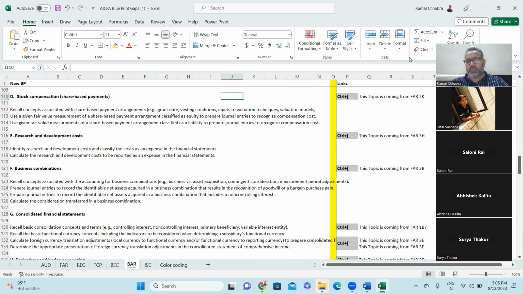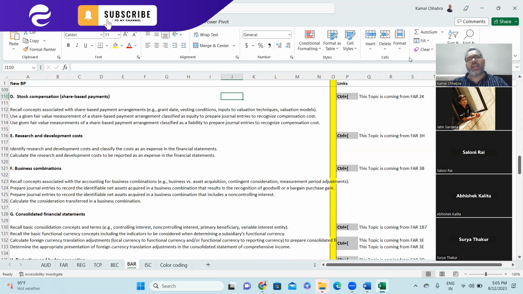Employee stock option plan, you all might have heard in your college days also: if an employee is working in your organization, to compensate some part of it, you give the stock compensation plan to them so that you can retain highly talented manpower. This is generally for leadership roles. Make sense? So we'll be discussing in detail the accounting of stock compensation plan, both to employee as well as to the vendor.